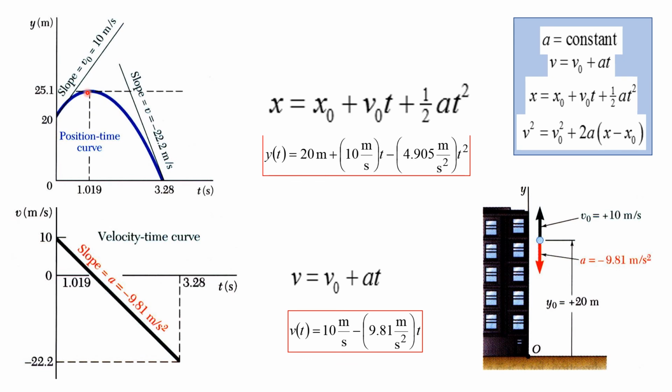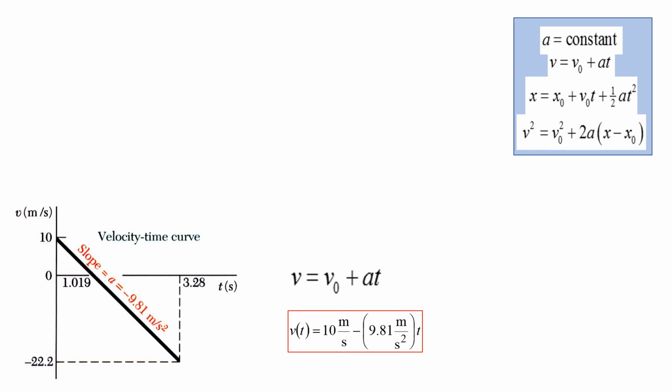So you really have to bounce back and forth between these two graphs. You can't solve for position straight from the position graph. There's too many unknowns in here. You get your position by first looking at what's happening velocity-wise. So you bounce back and forth between these, you've got two equations, two unknowns. You can solve for your time, and once you have your time, then you go back up and look at your position.